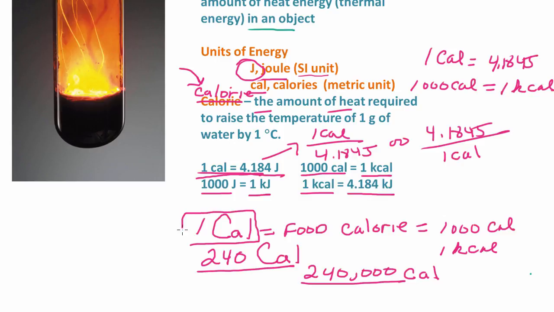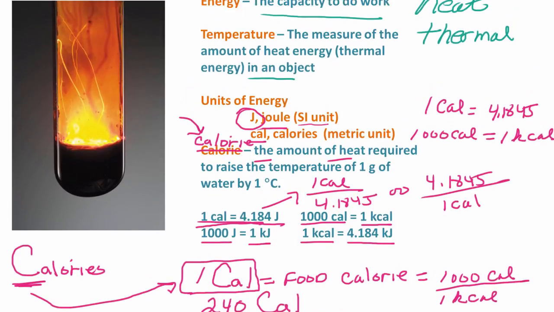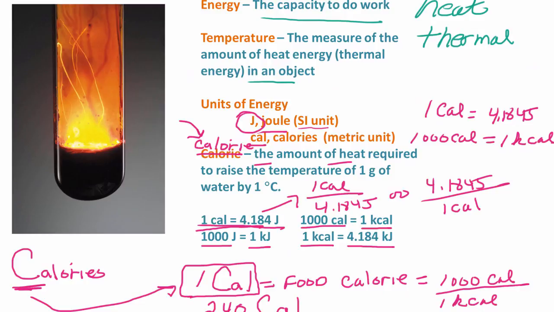Go and get some food item right now and look on the label, and you will see that calories are written with a capital C, and that corresponds to a food calorie, which is equal to 1,000 calories or a kilocalorie. So I thought that was an interesting piece of information.